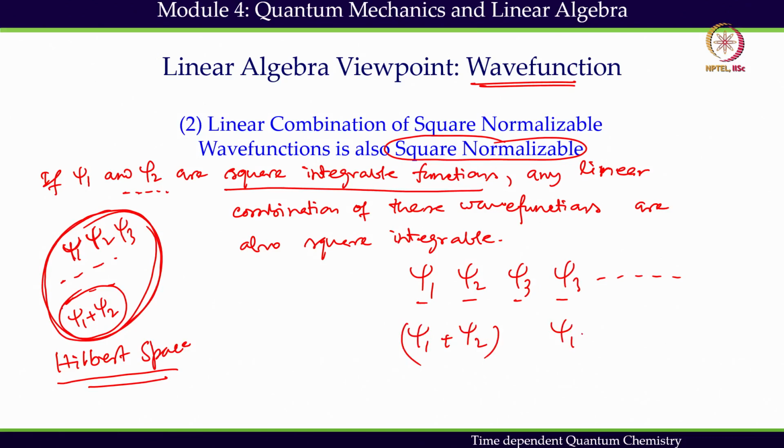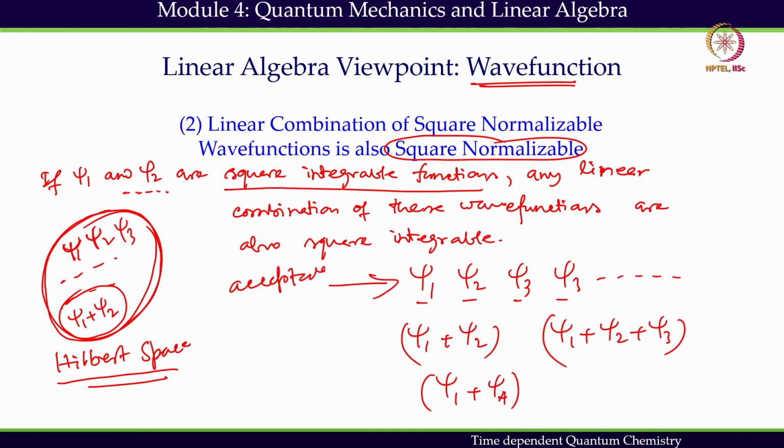I can take different kinds of combination, psi 1 plus psi 4, this is also square normalizable. All linear combinations will be square normalizable. So, they are also acceptable in quantum mechanics.